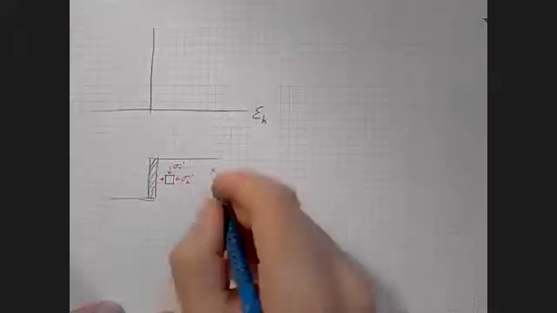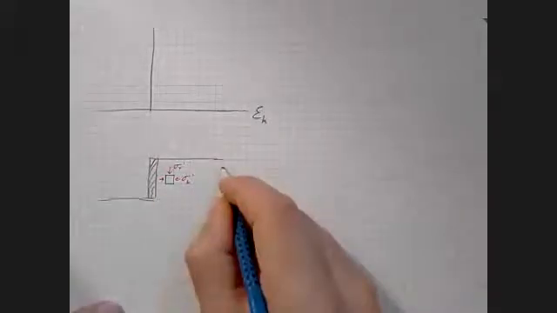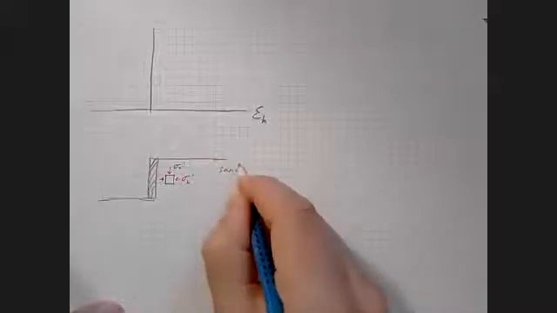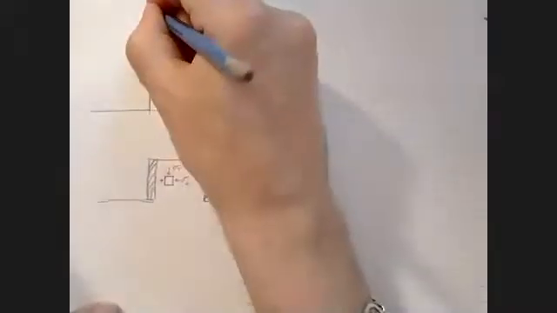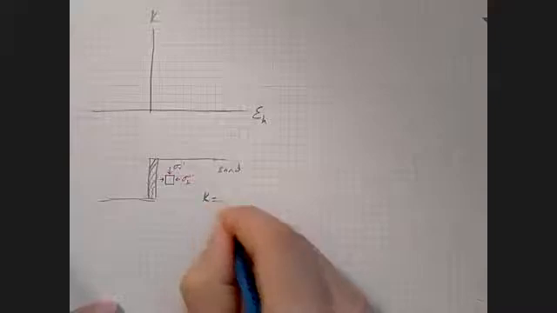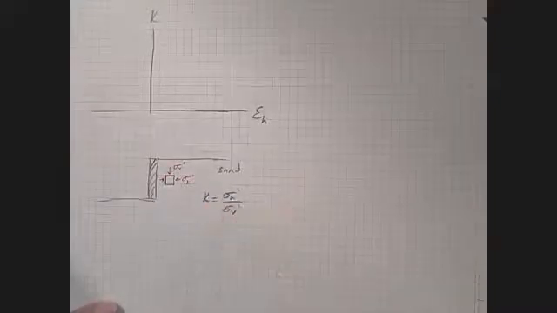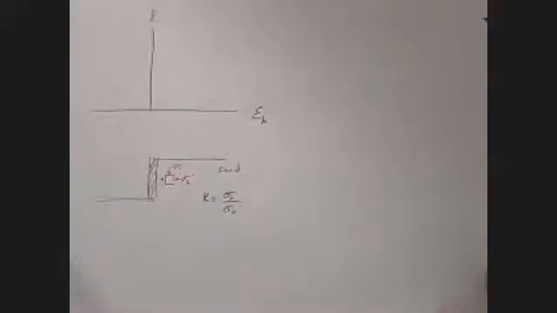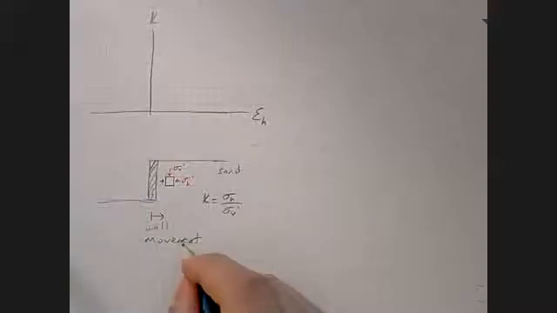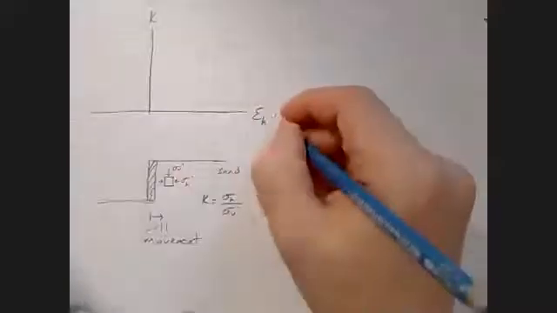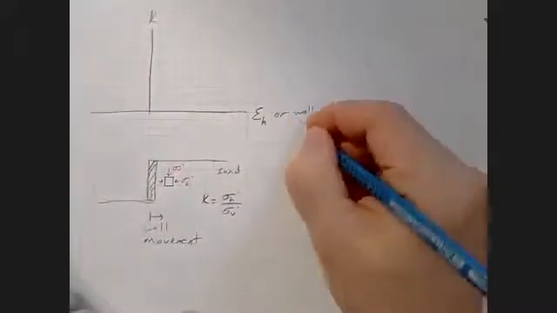So let's say, to keep things simple, this is a sand, and I'm going to declare here for this problem, K is sigma horizontal over sigma vertical. So I can write wall movement here.